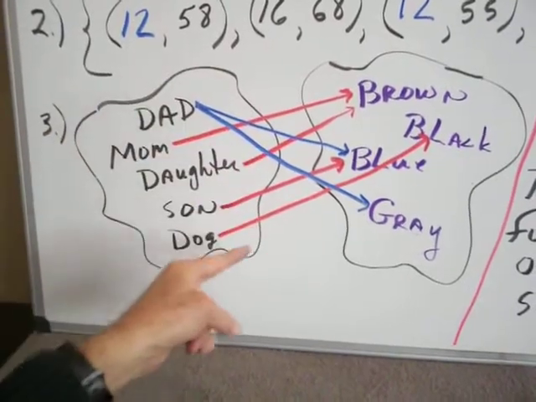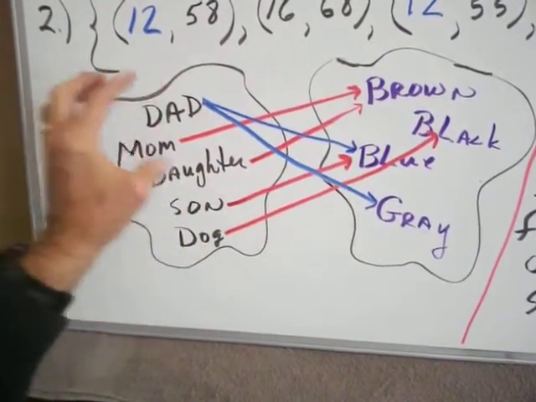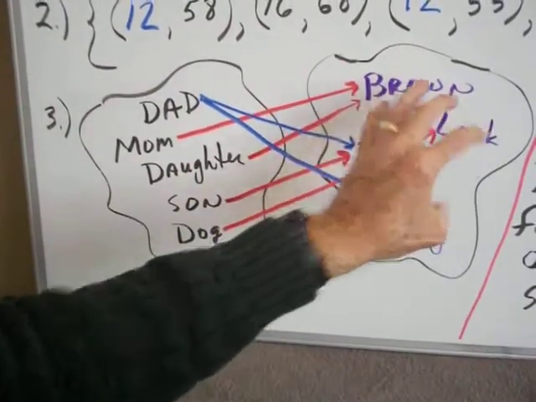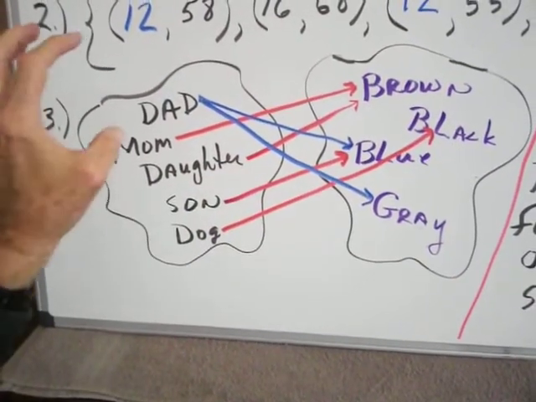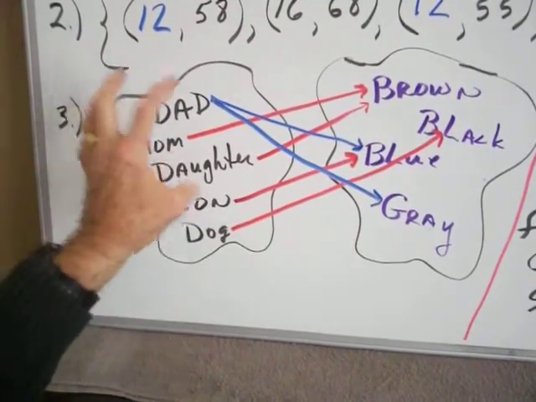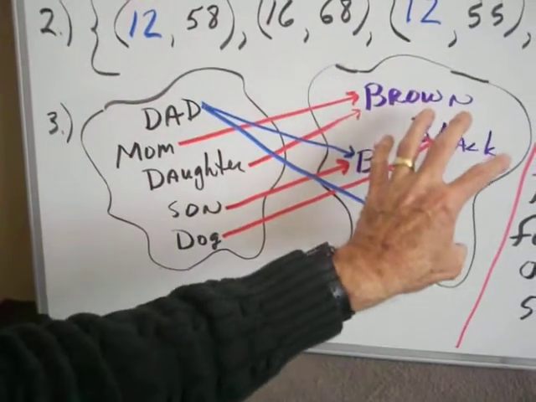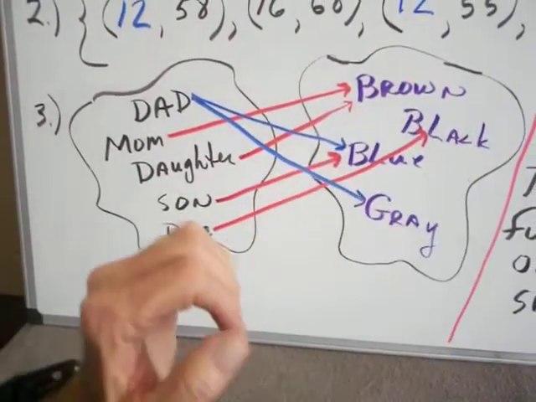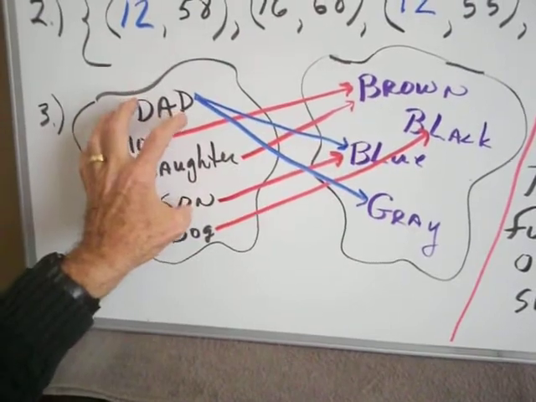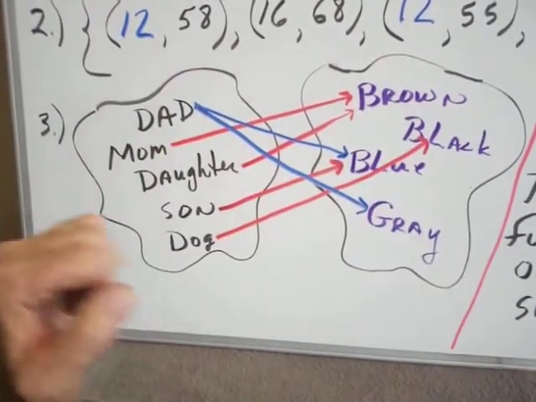Because you're looking at configurations of separate little territories, maybe a map here and a map here. The map on the left, put it in the memory bank, the map on the left is always the domain. The map on the right is always the range. X first, Y second. Domain, range.